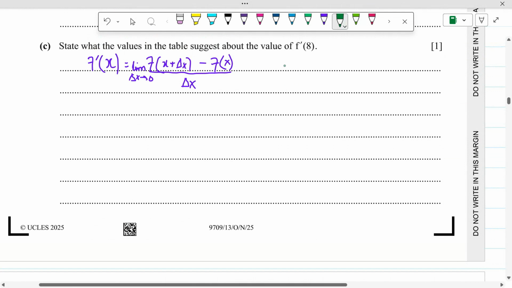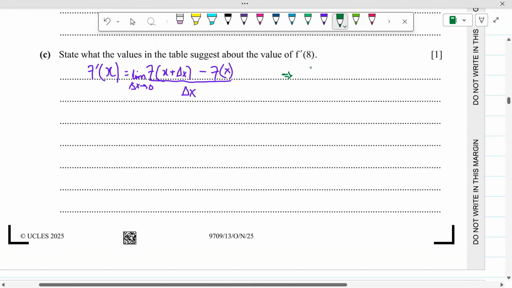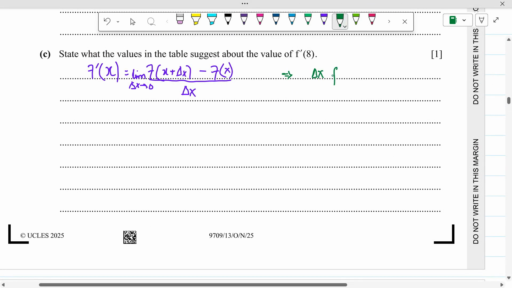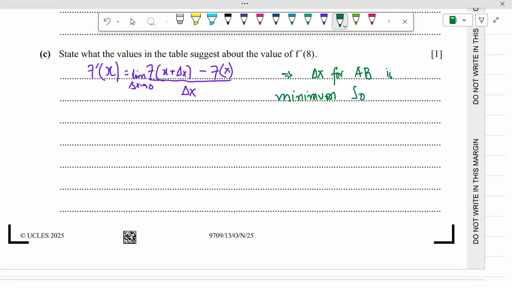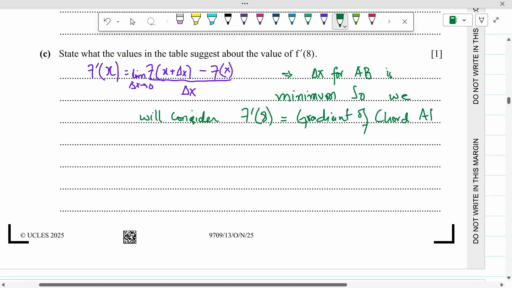So we can say that delta x for AB is minimum, so we will consider f dash of 8 as the gradient of chord AB.